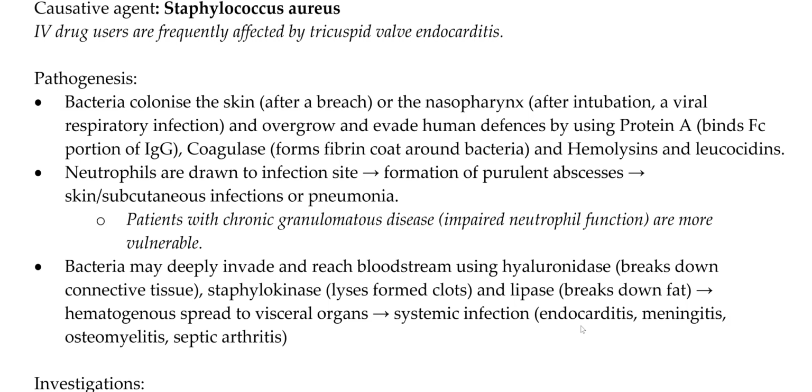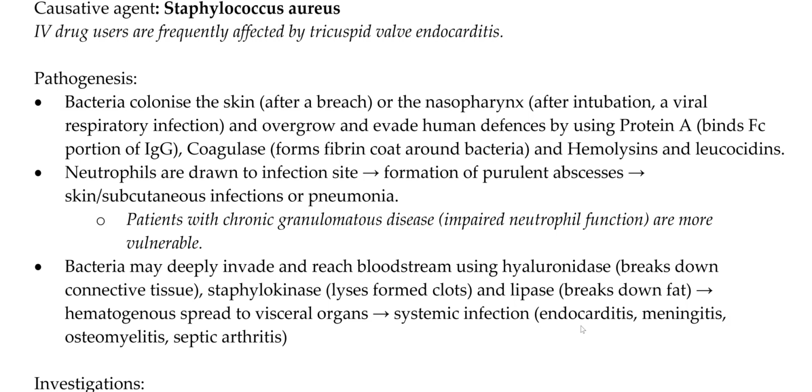Now, via blood, that is hematogenous spread, it reaches various organs which have blood supply. This is known as systemic or disseminated infection. The commonly involved organs are the heart, that is endocarditis of the endocardium, meningitis, that is the meninges, osteomyelitis, that is bone, and septic arthritis, that is joint.